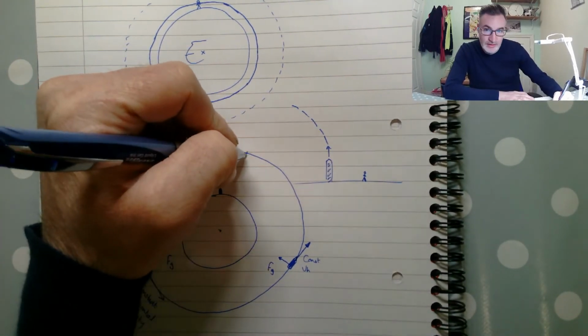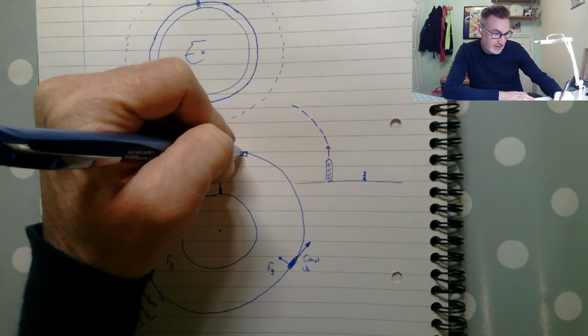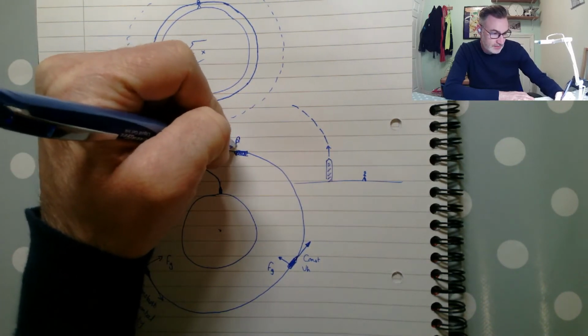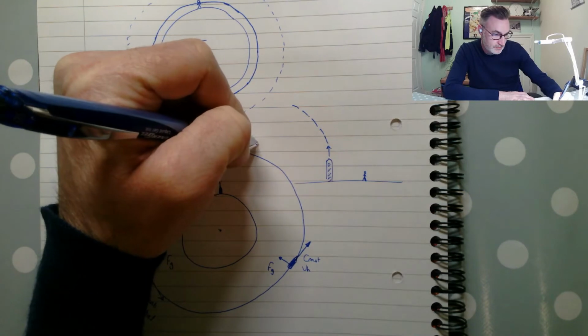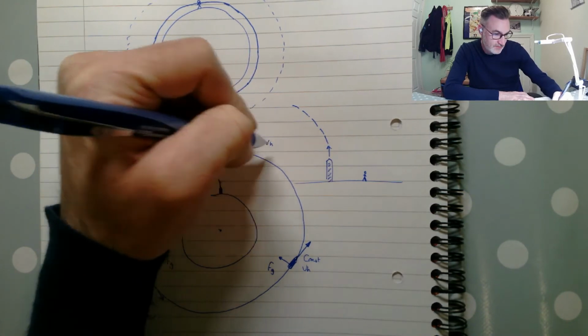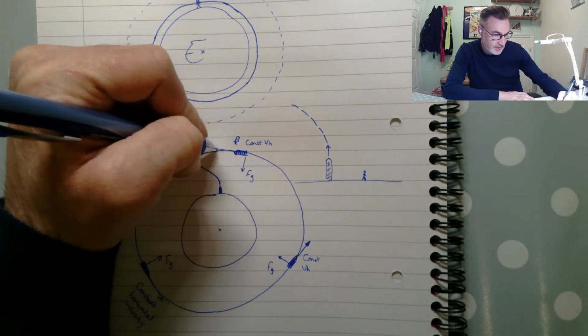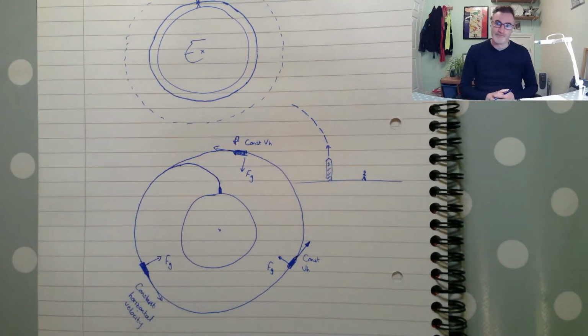It would be exactly the same over here: constant VH, Fg. That's satellite motion, and all satellites are spinning around the Earth in this way.